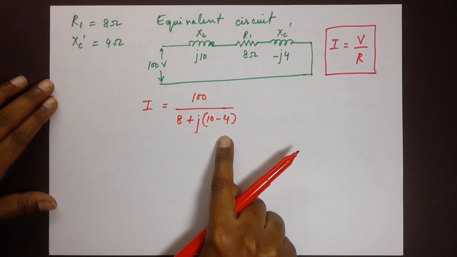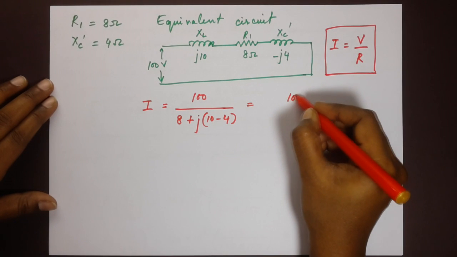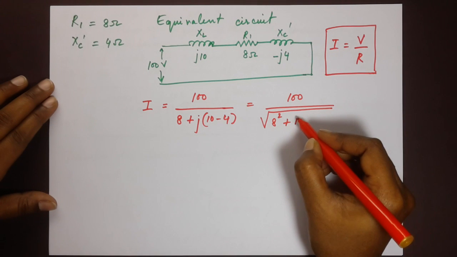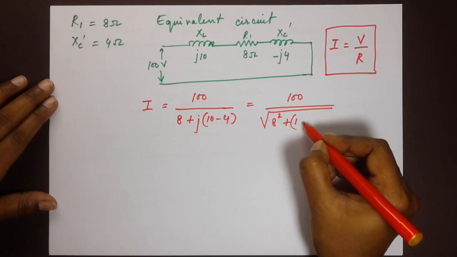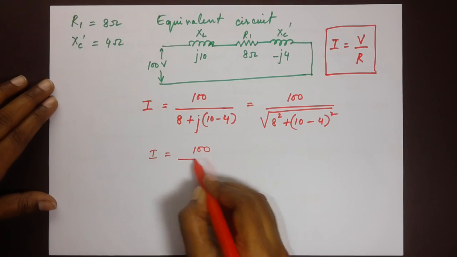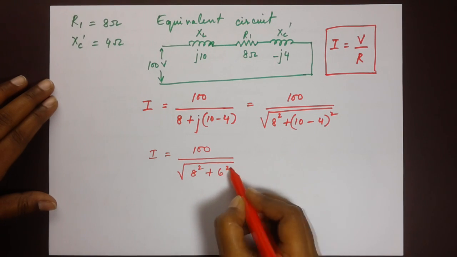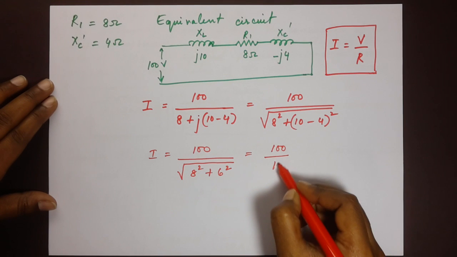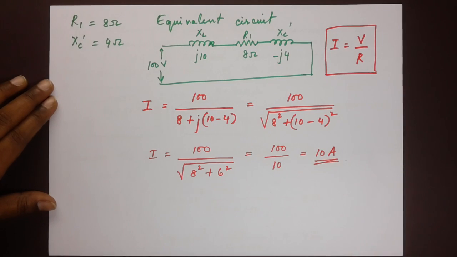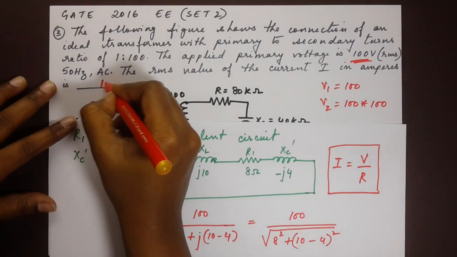Now in order to find the magnitude, we find the resultant, and the resultant would be 100 divided by root of 8 squared plus 10 minus 4 squared, and that gives us 100 divided by root of 8 squared plus 6 squared. That's 100 by 10, and that gives us 10. So 10 amps is the RMS value of the current. That's our final answer here.